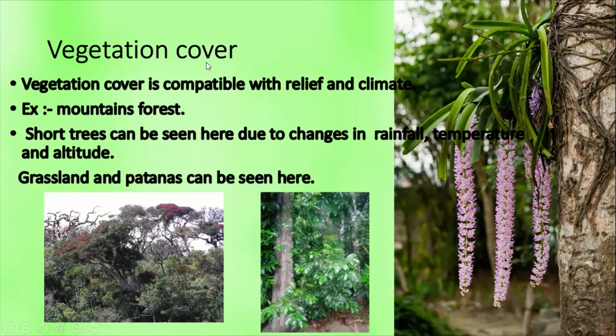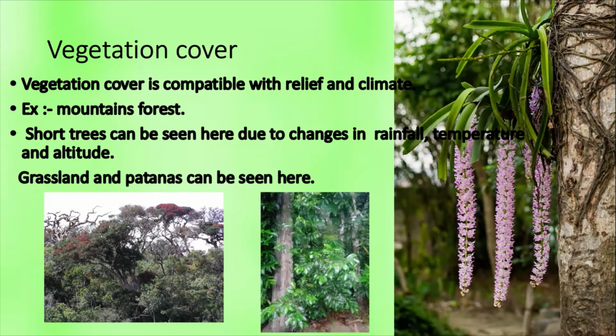What do you know about the vegetation cover in mountainous areas? According to the nature of the land, rainfall, temperature, and altitude, these forests differ from the forests in other regions. These forests are cooler than the lowland forest and rich in biodiversity.